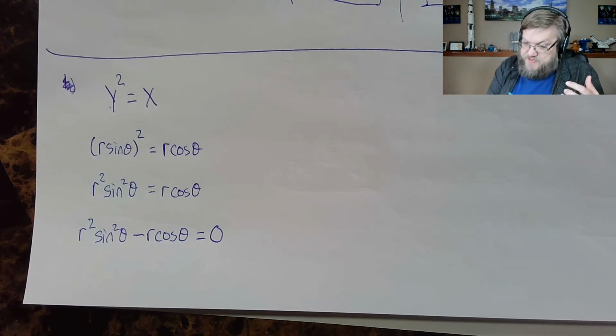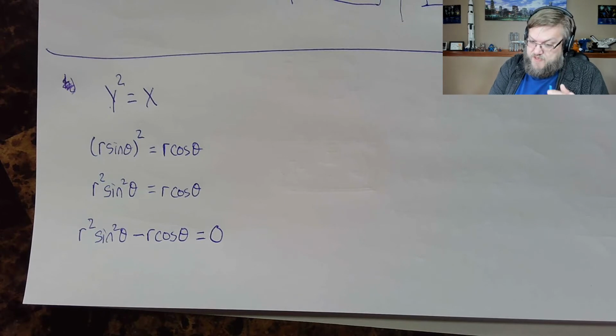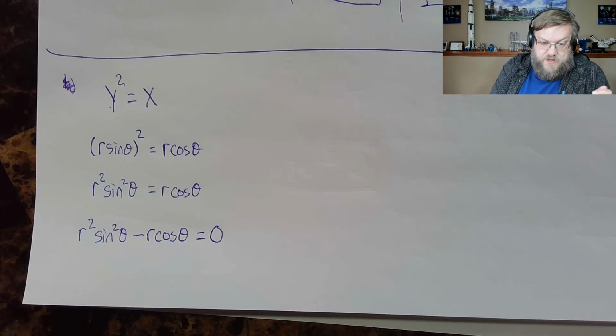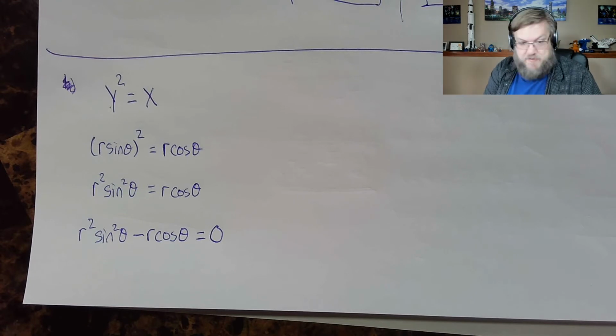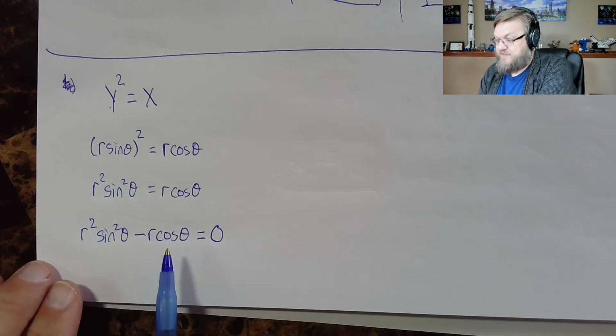So the safest way so you don't lose any information is to bring everything to one side and see if you can factor it instead. We'll have to deal with division soon, but maybe we'll get to work with this a little bit. Let's see what we got.